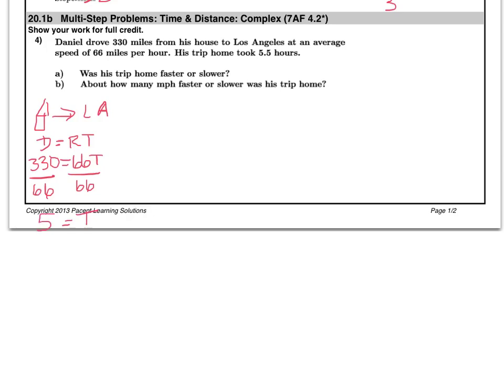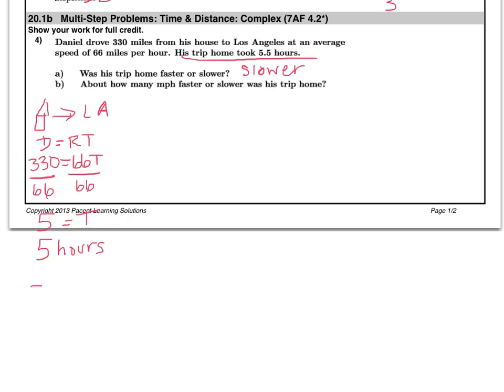That means it took him 5 hours to go from his house to LA. So now let's figure out what it took him to go home. Well, it says his trip home took 5.5 hours. So is his trip home faster or slower? Well, since it took him more time, it must have been slower. So I'm going to write slower.